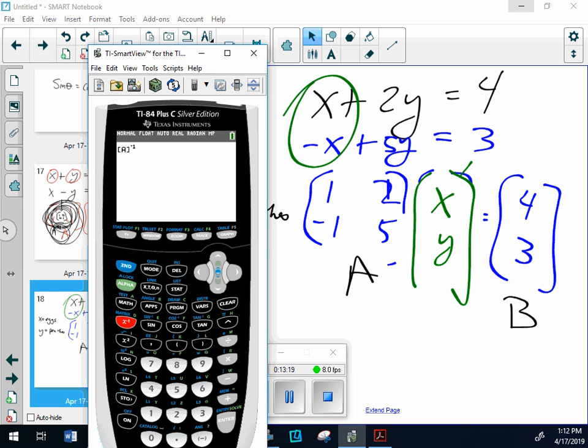And then I'm going to times by matrix B. Enter. Boom, it's 2, 1. Did you guys get 2, 1? Awesome. If those had been decimals, would you know how to make it into fractions? Okay, good. It's math, enter, enter, if that ever happens to you.